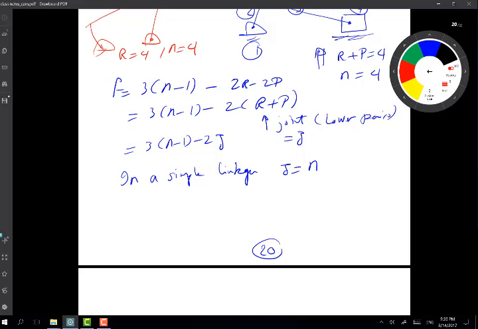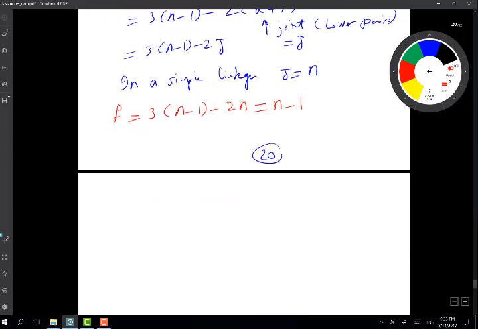So now the equation becomes F = 3(n - 1) - 2n. If I expand this slightly, I'll get F = n - 3.